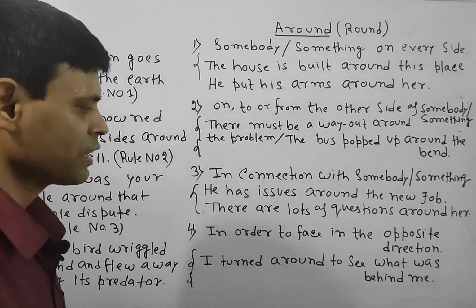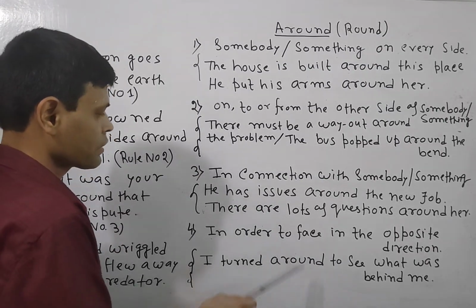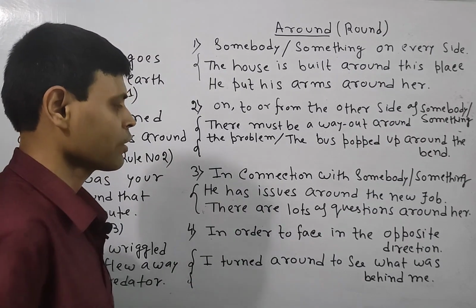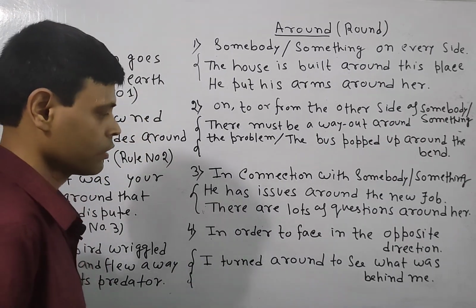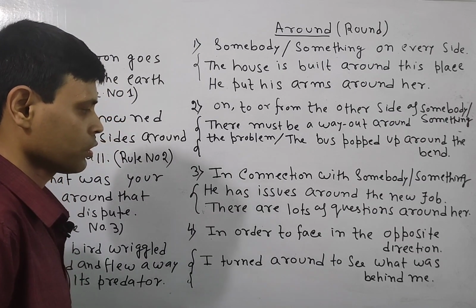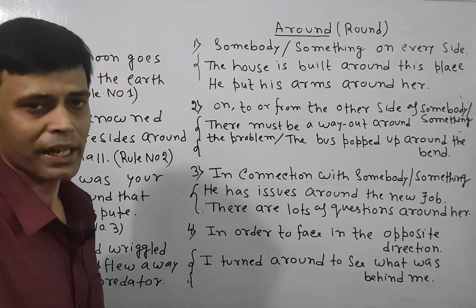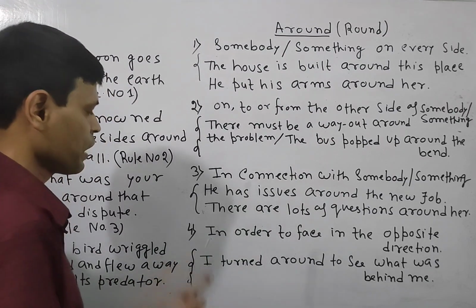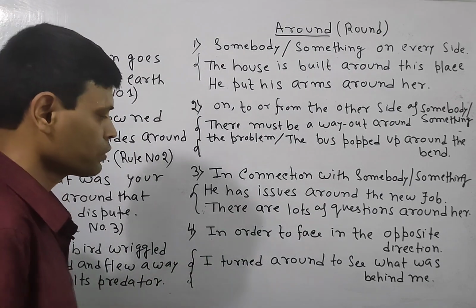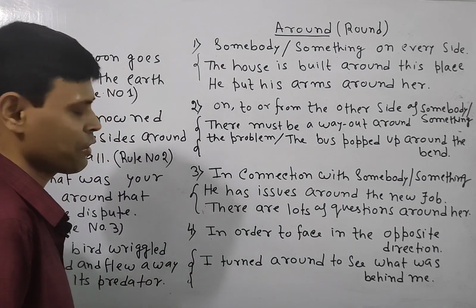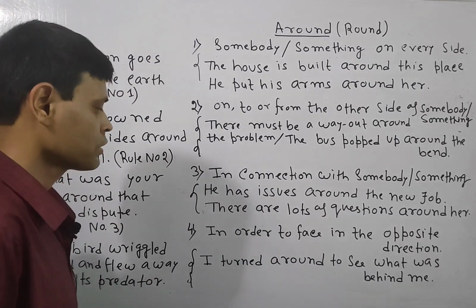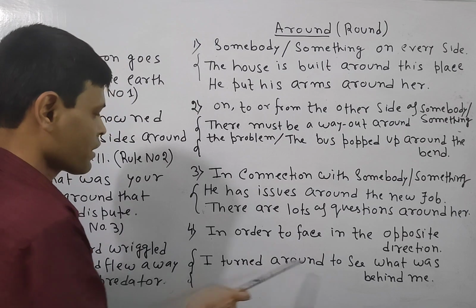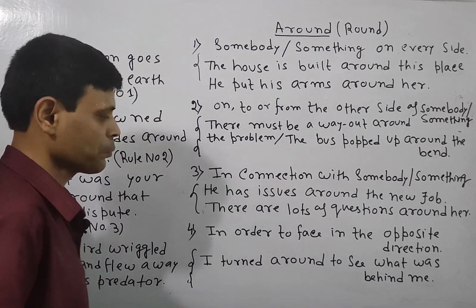In such cases you can say in order to face in the opposite direction, that means I have to face the opposite direction. So in that case we can easily use around. Whenever you are going to mention some opposite direction, or whenever you are going to face in the opposite direction, you can choose the preposition around. I turned around to see what was behind me.